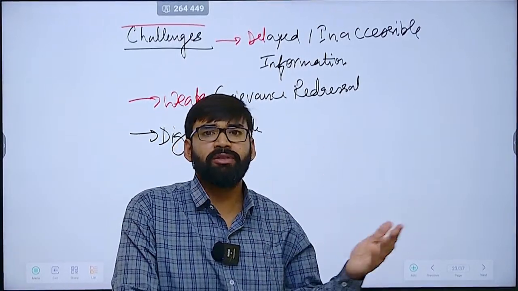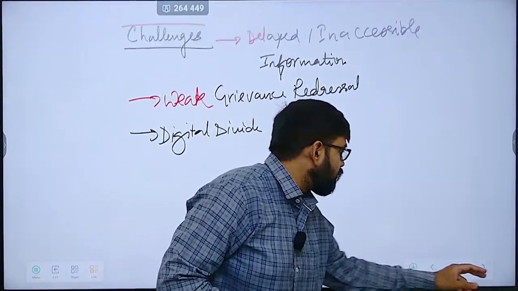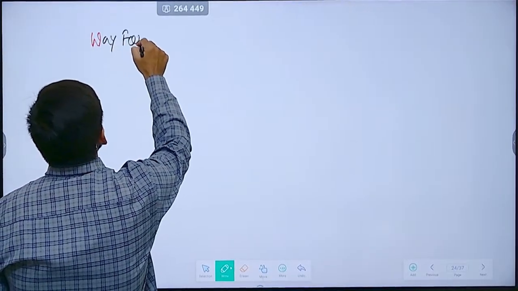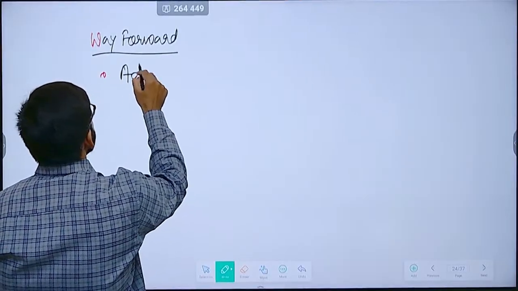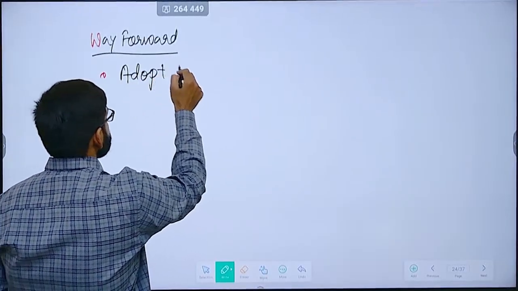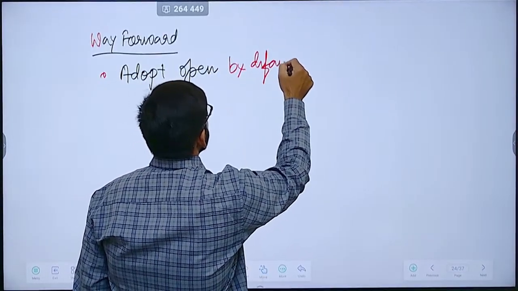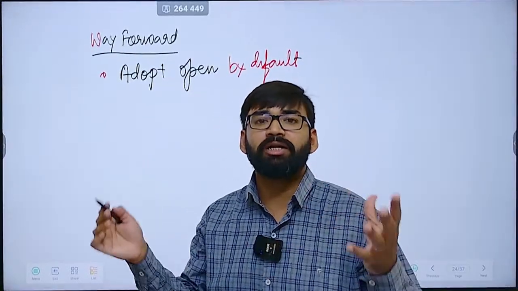Then you can give the way forward. Clear? So with respect to the way forward, you can mention adopting open by default, machine readable data.